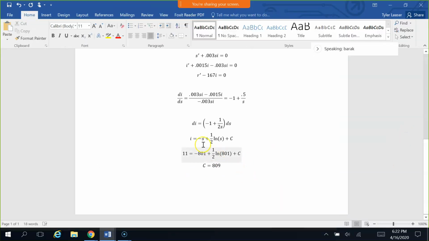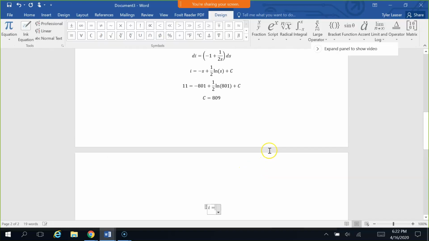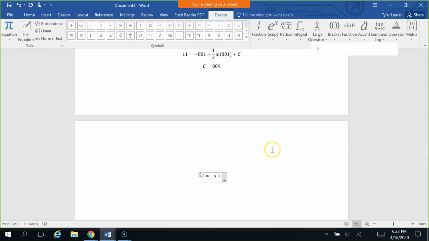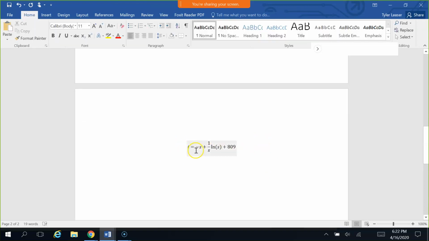Okay, so this thing that we just solved for, this little I here, just writing it back out, I is negative S plus 1/2 natural log S, and now it's plus 809. This little I that we got, this represents the ratio of infected people to the total population.